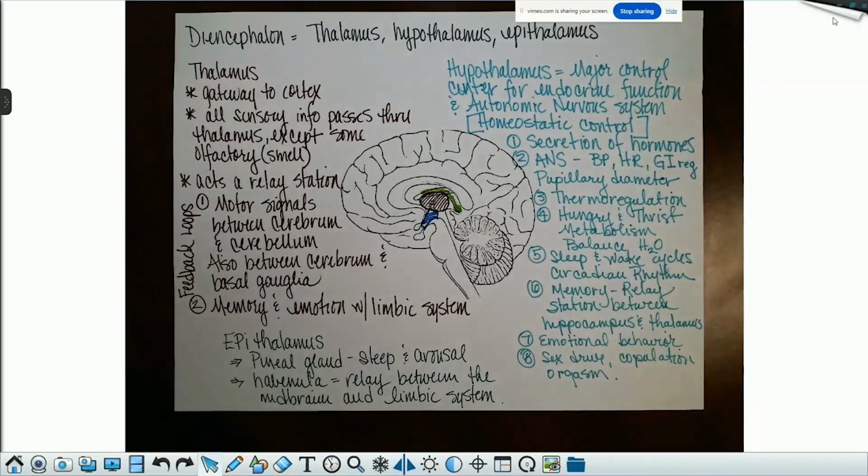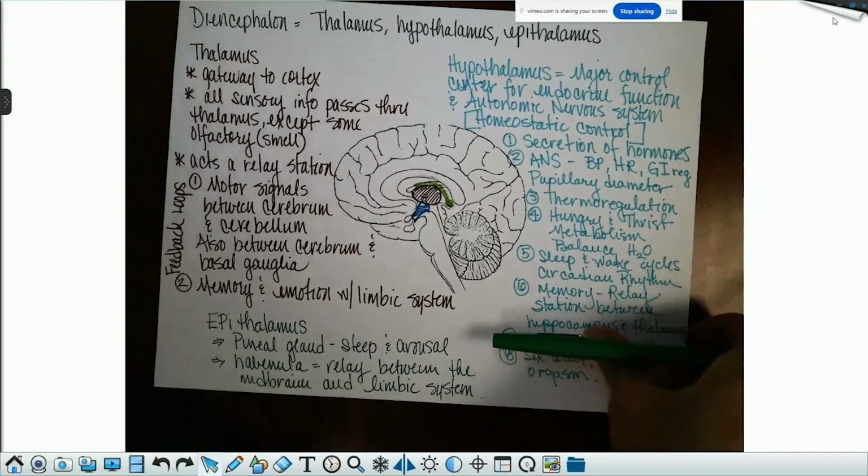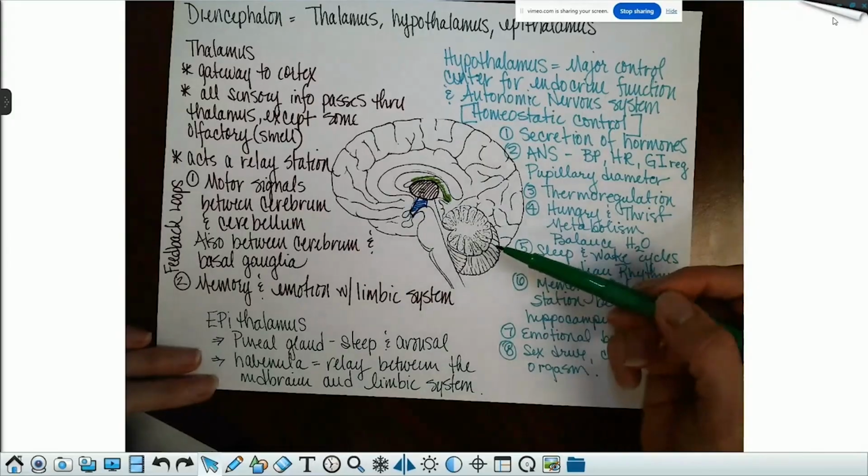I want to go through another section of the brain, which is the brainstem. So let me switch out pages again, and let's look at the brainstem. On this picture, this is a mid-sagittal view. We're looking right into the middle of the brain.